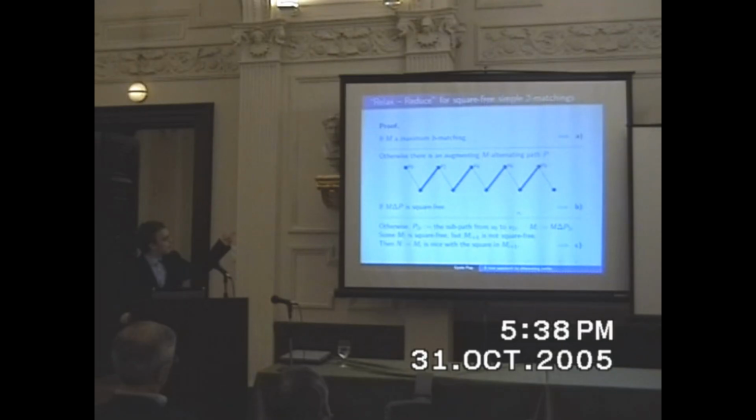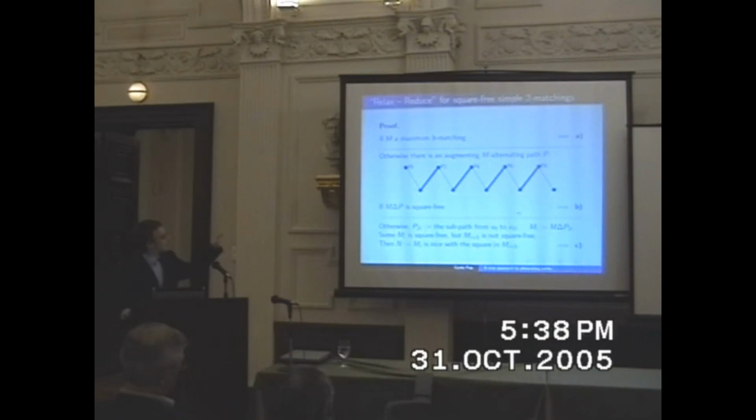The symmetric difference is a larger B matching. If it is square-free, then we augment, we are done. Otherwise, now this is the key turning point of the proof, and so let me tell you how this works.